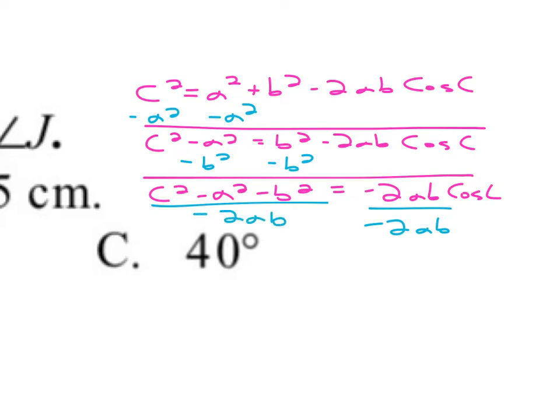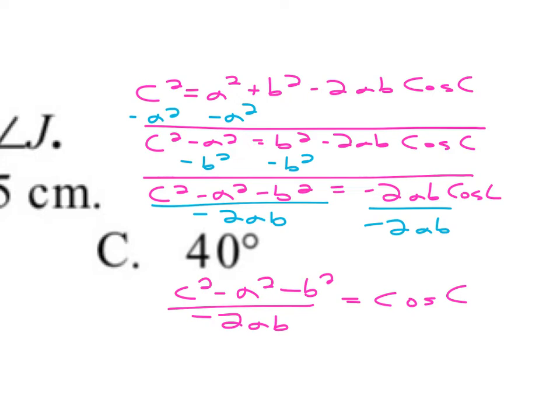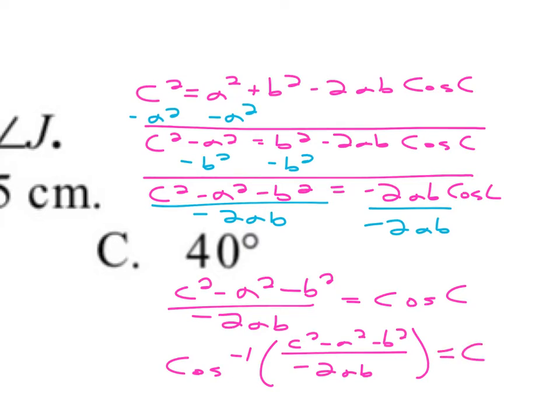What you would get, and I'll write it below it, is c squared minus a squared minus b squared divided by negative 2ab will equal cosine c. And then we could say the inverse cosine of that ratio, c squared minus a squared minus b squared, all over negative 2ab, would give you angle C. Okay?